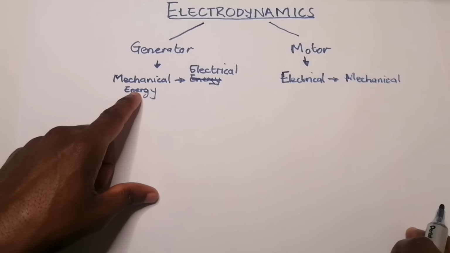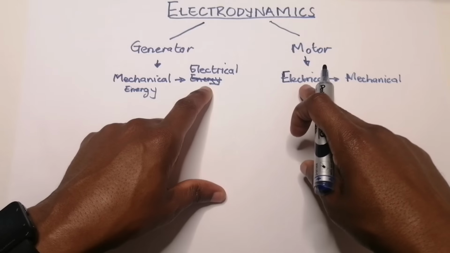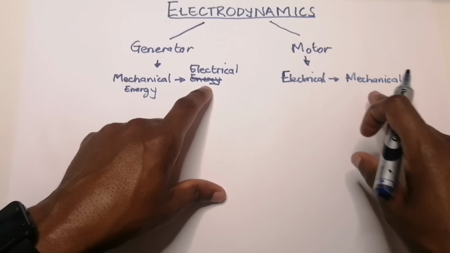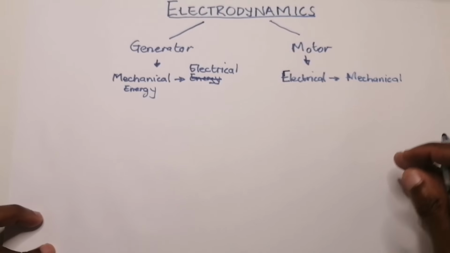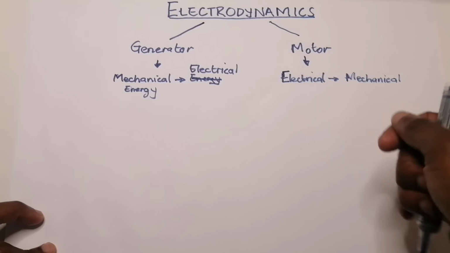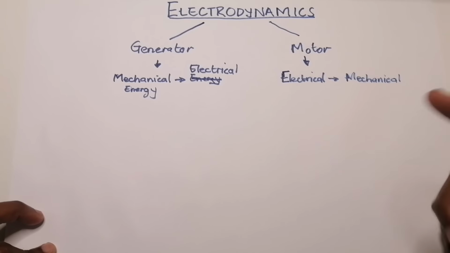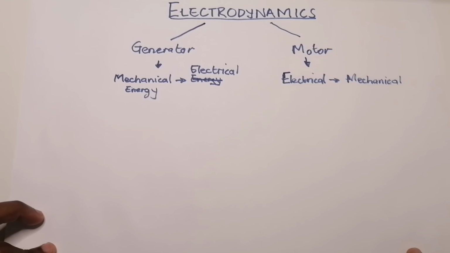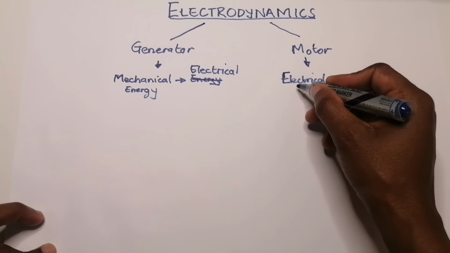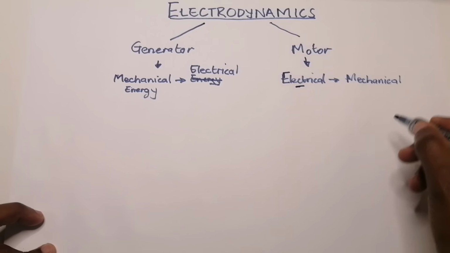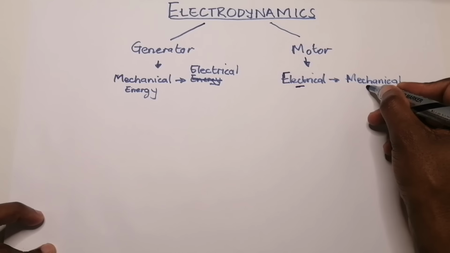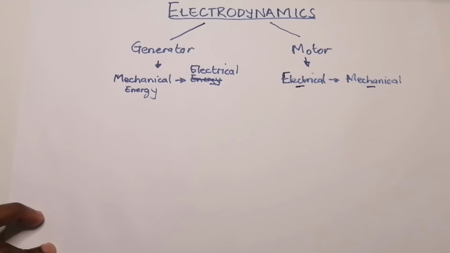The one converts mechanical to electrical, the other converts electrical to mechanical energy. If you think of a motor car, you've got that battery, you start it up, and it fires up an engine, and obviously you can move from that. So it converts electrical energy from a battery into mechanical energy, which is movement.